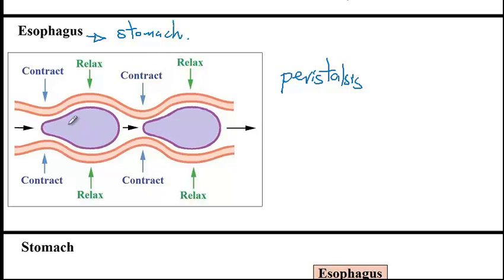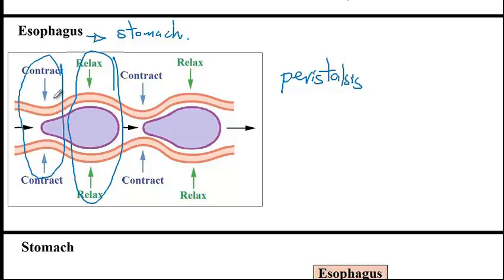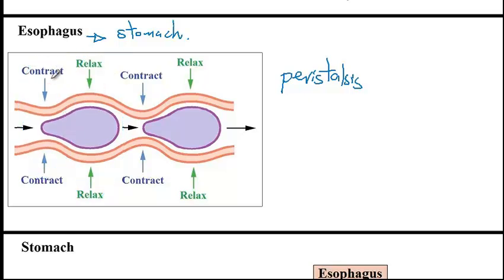So here you can see as the food is going through, the front area is relaxing to let the food go through, but then the area behind the food bolus is undergoing contraction. So these waves of contraction and relaxation are referred to as peristalsis.